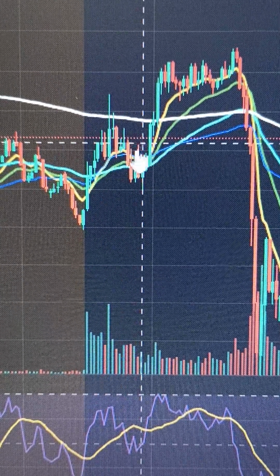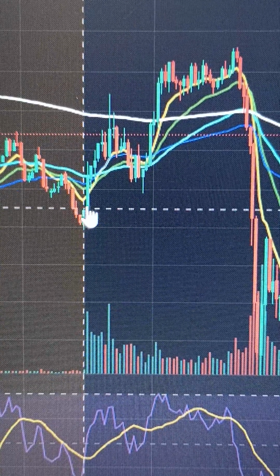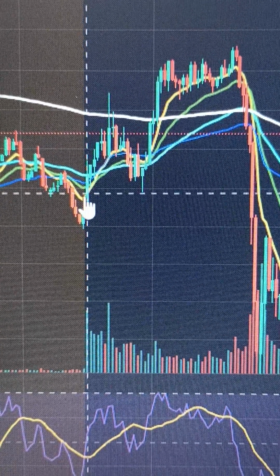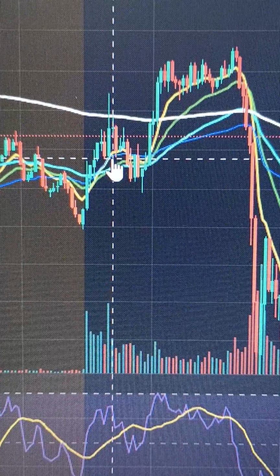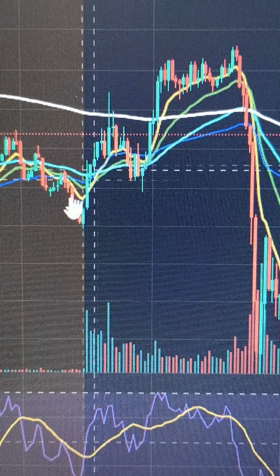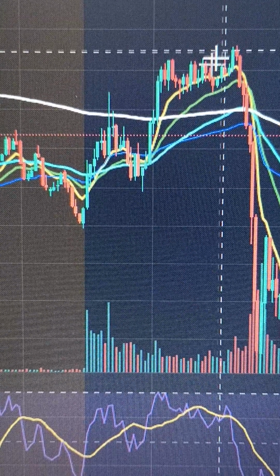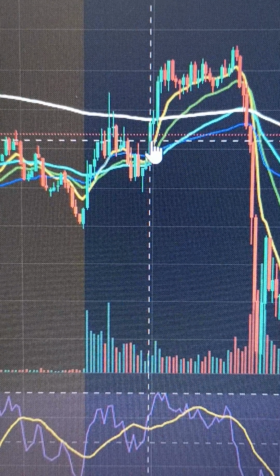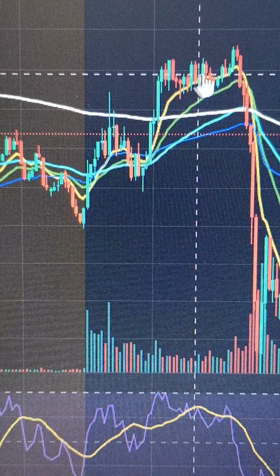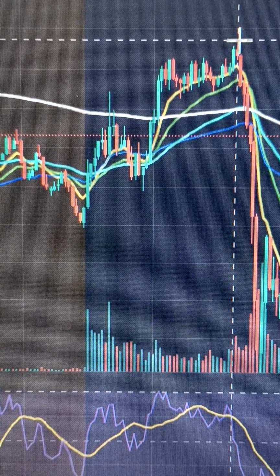Because if the EMAs are staying bullish in this trend continuation, then you could remain in a long position, meaning you could remain in a position where you'll make money as long as the market continues to go up.